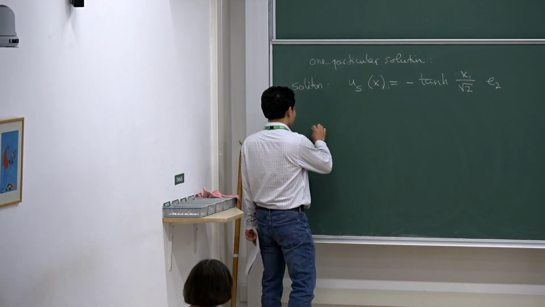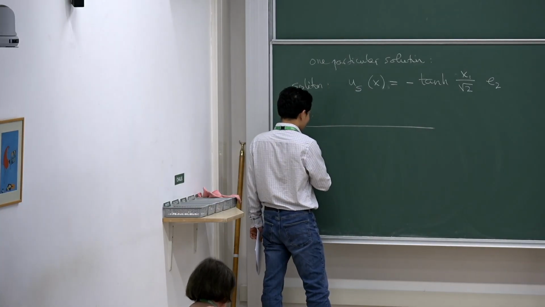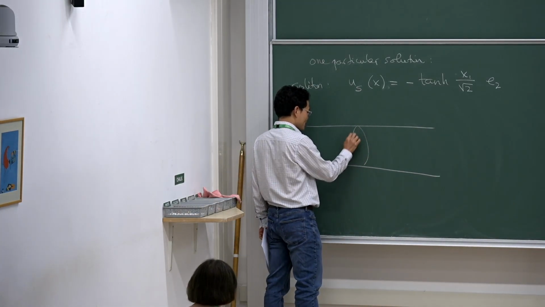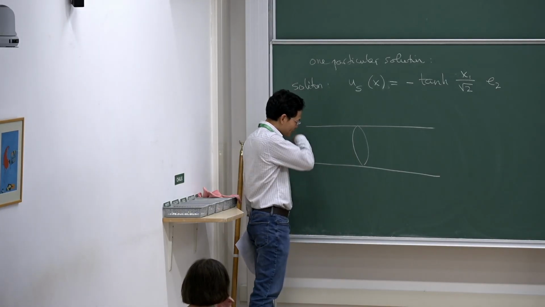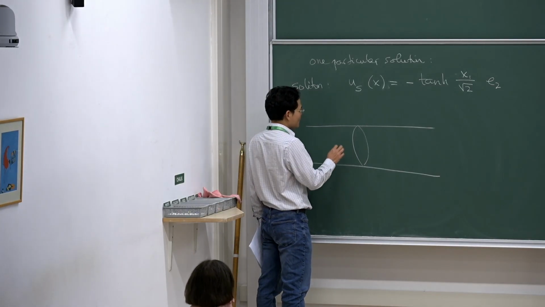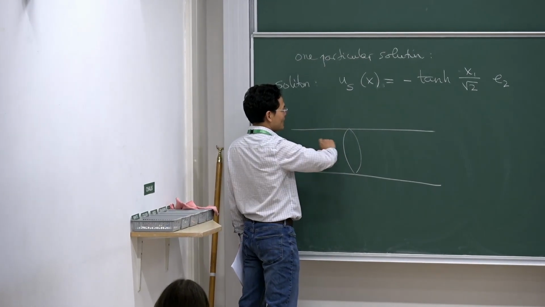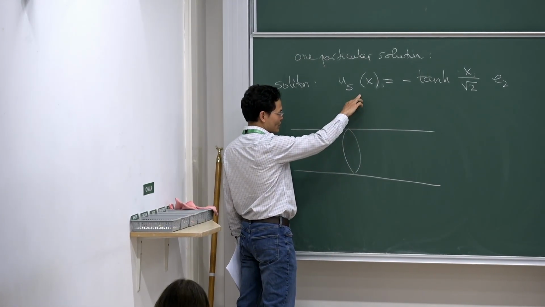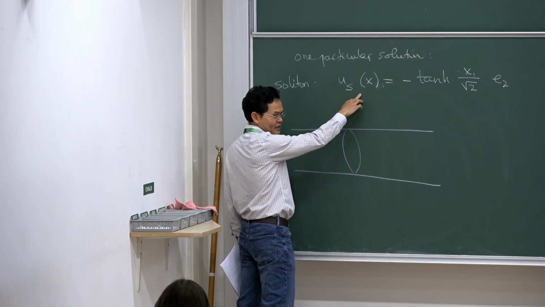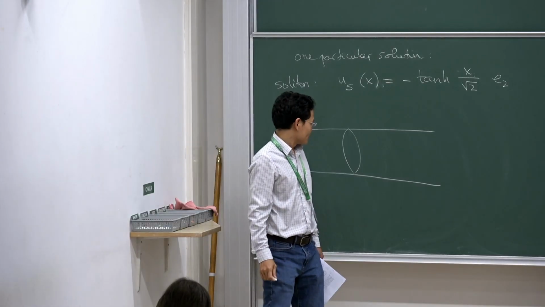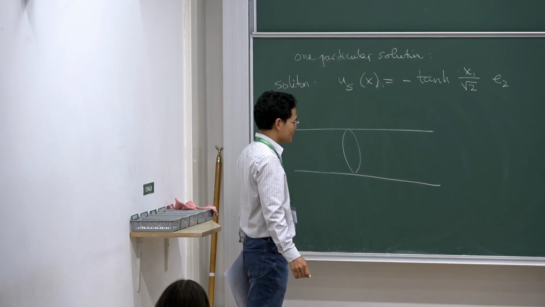So what they do in the experiment is like this. They look at a cylinder, not a strip. They put the soliton as the initial condition on the cylinder, and then let it evolve by the nonlinear Schrodinger equation.